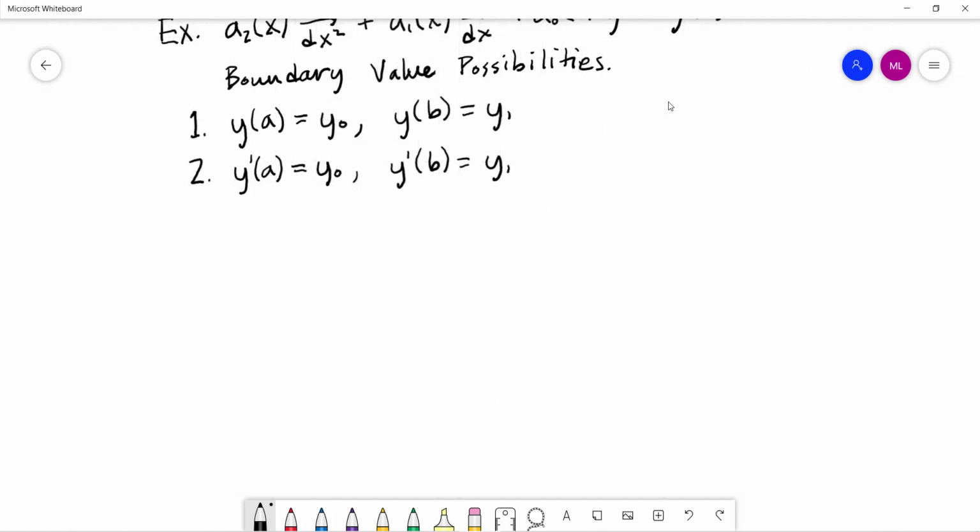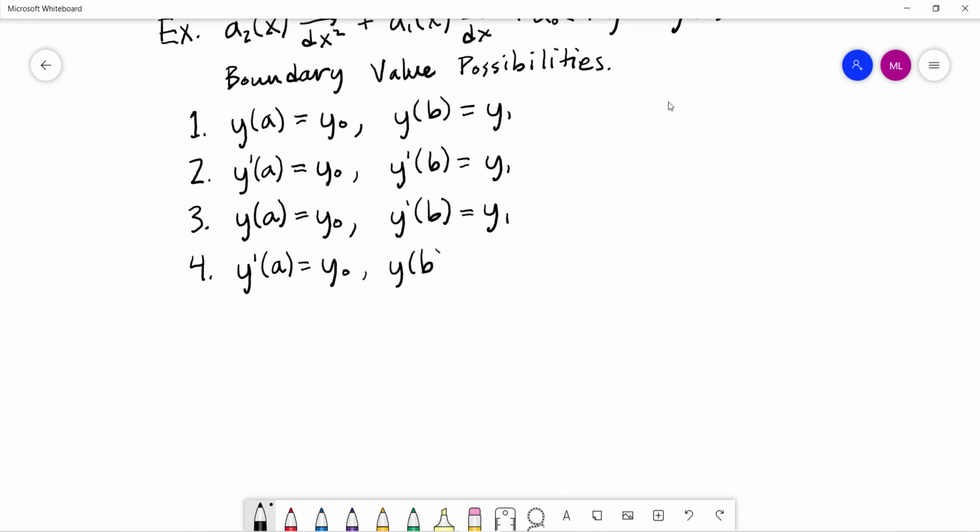Maybe I specify the value at one endpoint and the derivative at the other endpoint, or vice versa. So we can do combinations.